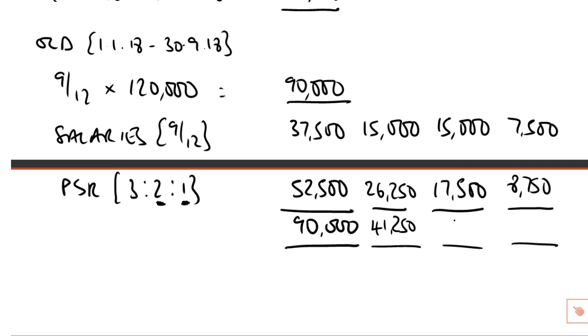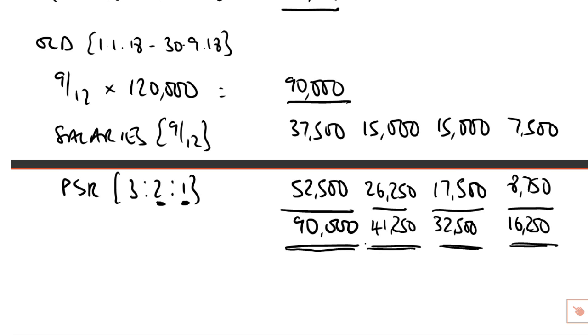Partner V, 15 plus 17,500, 32,500. And partner FC, 7.5 plus 8,750 is 16,250. Crosscast, get your calculators out, make sure, as you do this in the exam, 16,250 plus 32,500 plus 41,250 hopefully comes to £90,000, and the first part of the accounting period is now sorted.